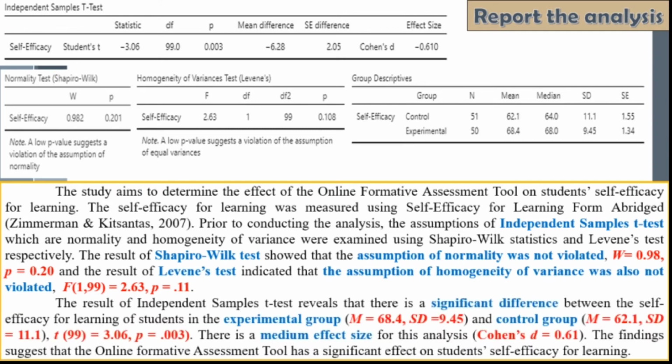The result of independent samples t-test reveals that there is a significant difference between the self-efficacy for learning of students in the experimental group and control group, represented by the given values. There is a medium effect size for this analysis with a Cohen's d value of 0.61. The findings suggest that the online formative assessment tool has a significant effect on student self-efficacy for learning.